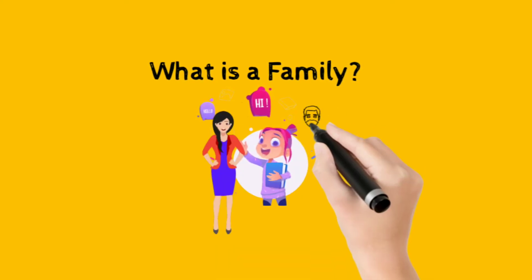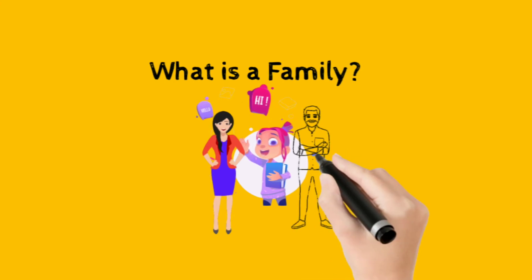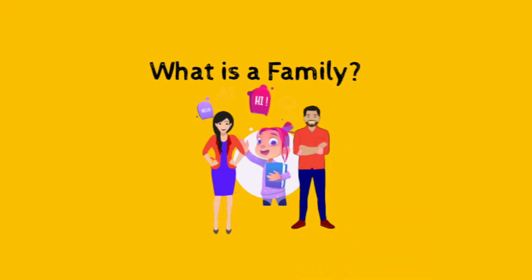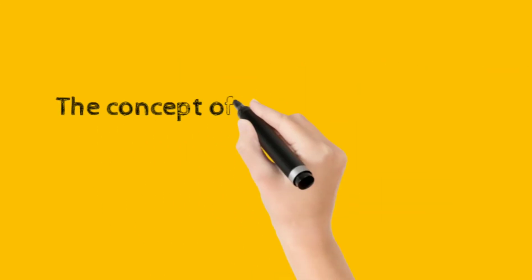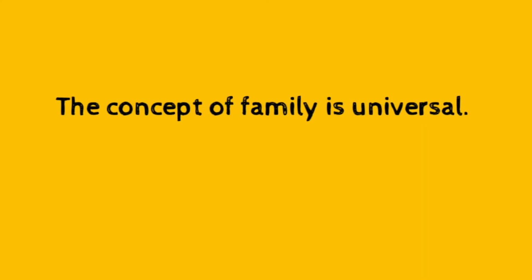Right now, to start off with this concept, we would really like to assist you in formulating a definition for the term family. To me, the concept of family is universal, right?